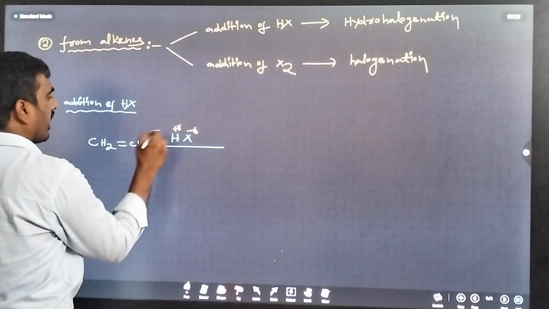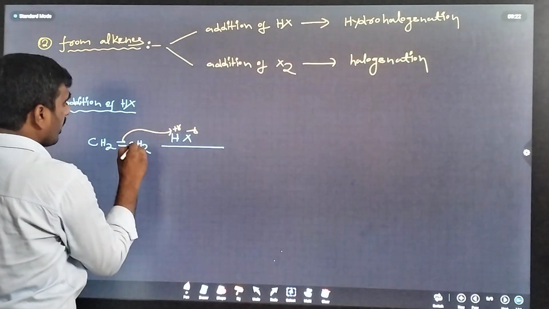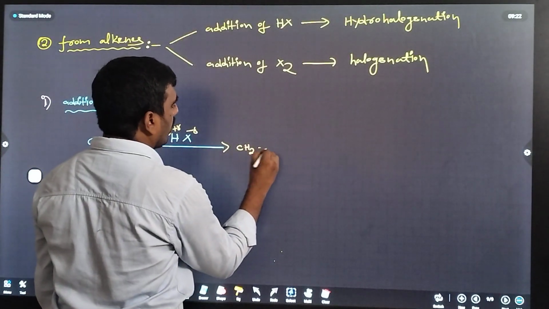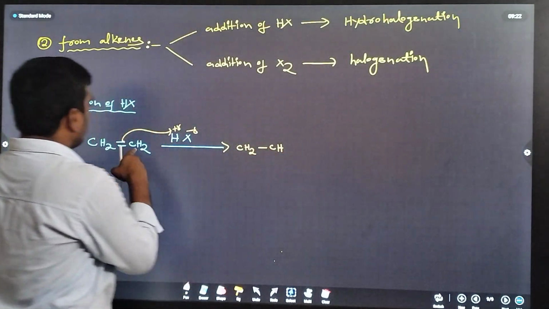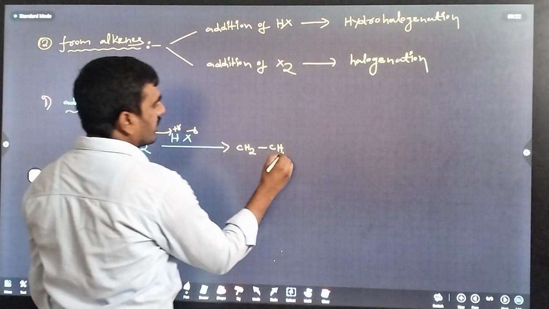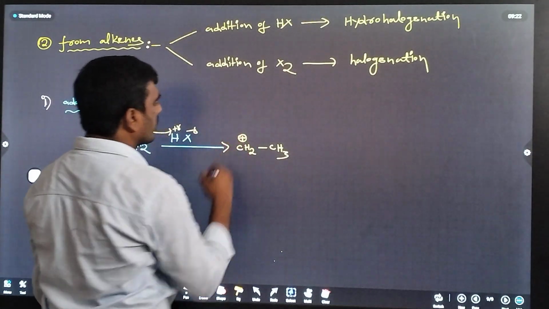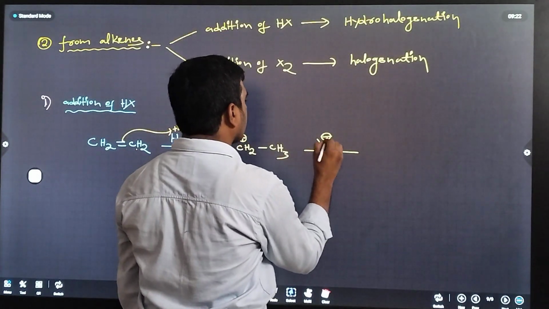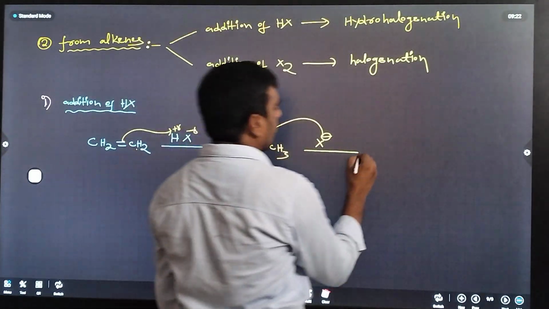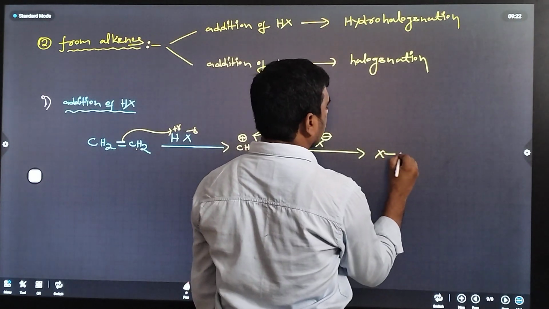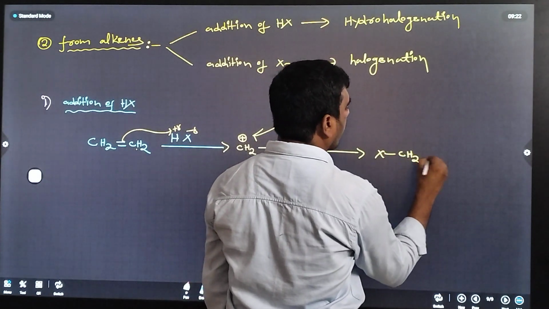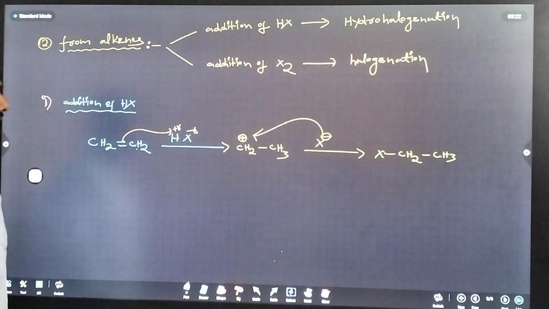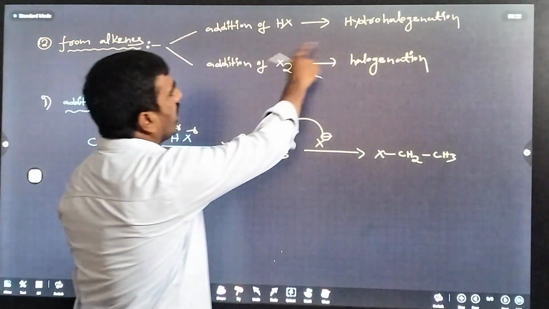This electrophile attacks here, so we get CH2, and this carbon converts to CH3 with a plus charge. The remaining part, X minus, attacks here. So we get X–CH2–CH3. This is an alkyl halide. So preparation of alkyl halide by addition of HX.